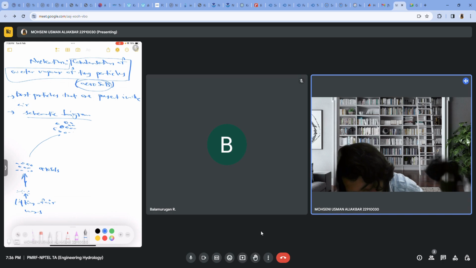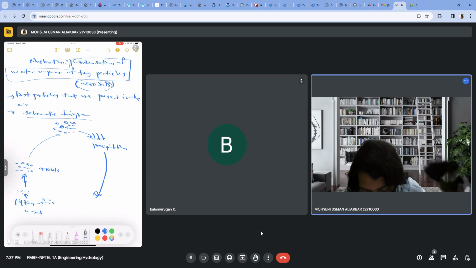And the droplet will become so heavy that it won't be able to hold the water inside it, and at that moment we will receive precipitation, and again the cycle keeps on repeating. The precipitation will form and again the evaporation will take place and the process will repeat. So there is a good diagram from which you can easily understand the entire process, like how formation of precipitation is taking place.